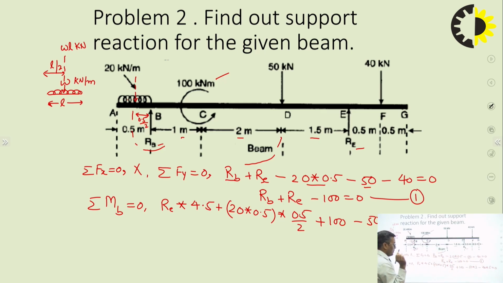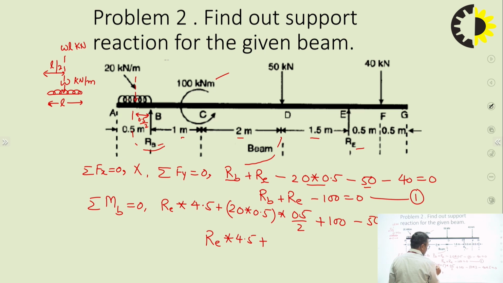So here I can find out the equation. We can solve this and find out RB and RE. RE into 4.5 plus how much will it be? 0.5 into 0.5, so 0.25, 10. So I hope it is how much? It is 2.5 or anything else? 20 into 0.5 into 0.5.